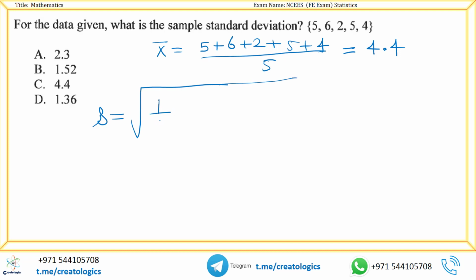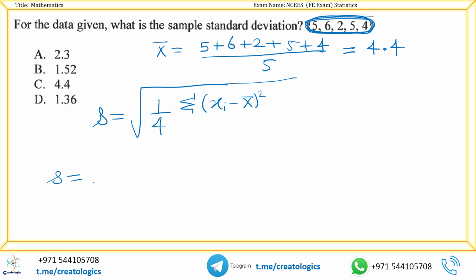The total number of terms is 5, so 5 minus 1, 4, I will write here. And here you will have the summation of (xi minus x bar) squared. So subtract 4.4 from each of these observations, take their squares and add them up.